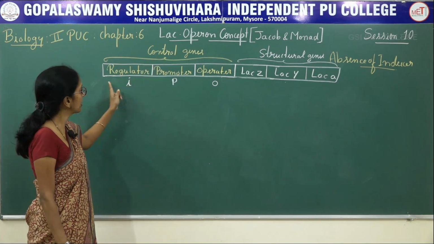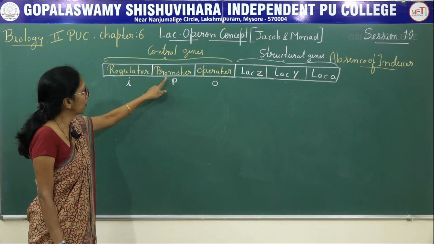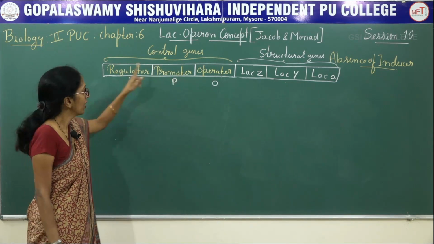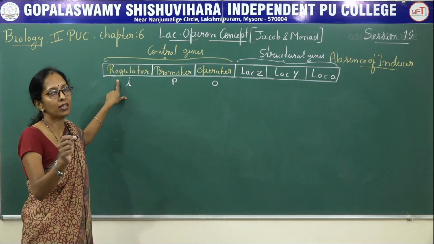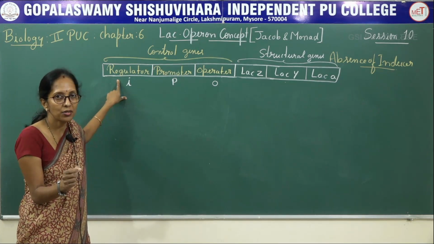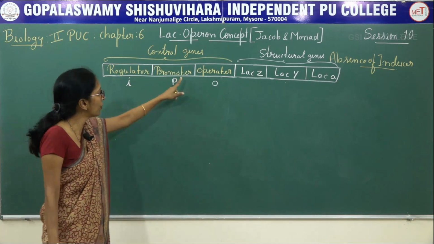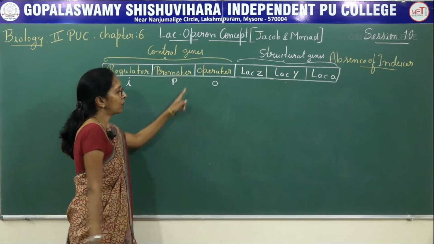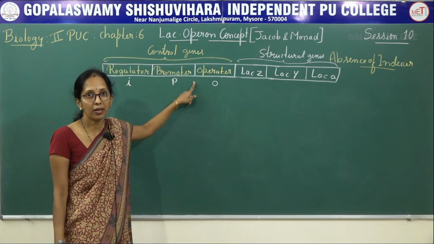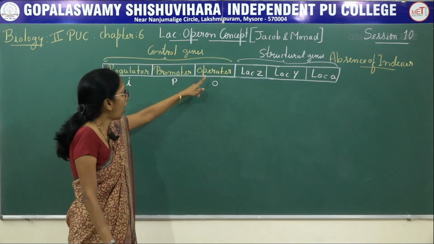In control genes, there are three types: regulator, promoter, operator. Coming to the first, the regulator. It helps in the synthesis of a protein that is said to be repressor protein. Promoter, where there is an attachment of RNA polymerase enzyme, which always binds to this part.